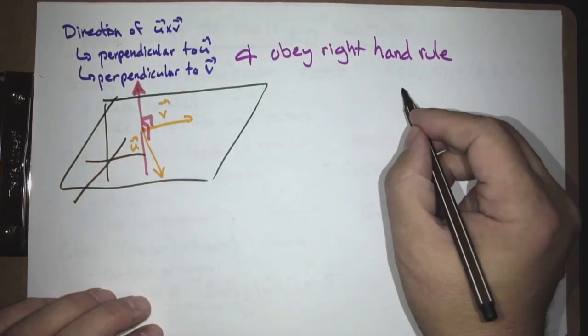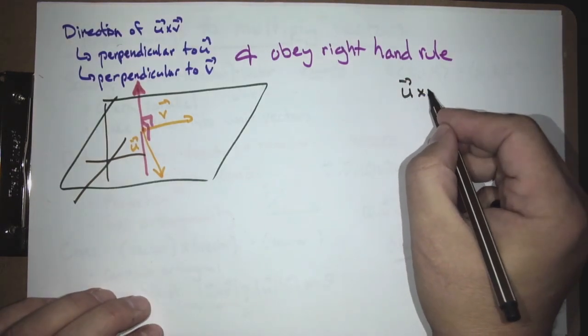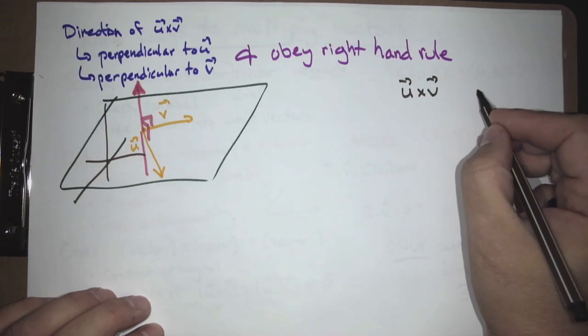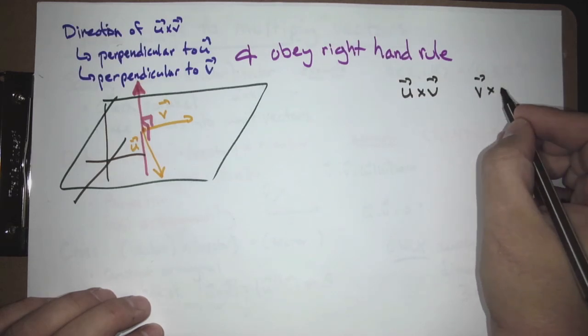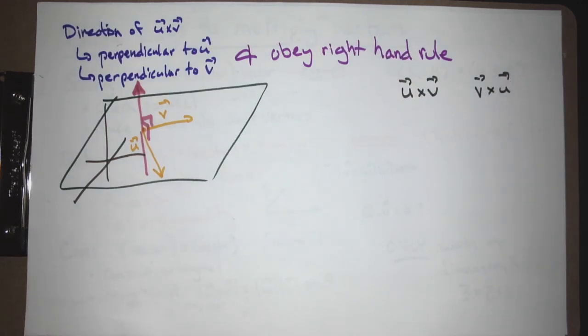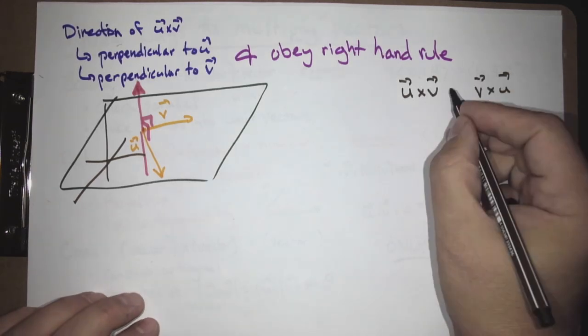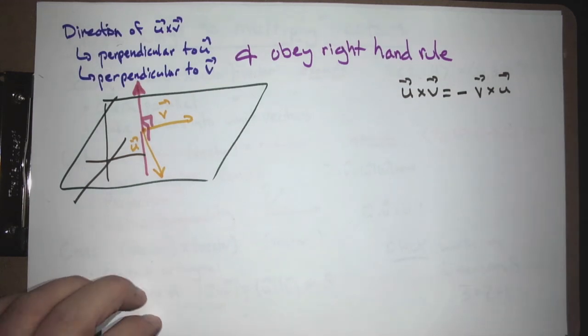Let me ask a quick question. What happens if we switch the order? It goes the other way. It's not a left-hand rule, it's still the right-hand rule, but you have to go in the opposite direction, so you get a negative sign.